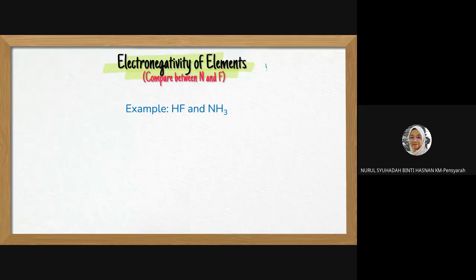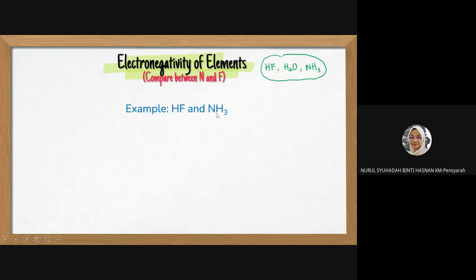We're going to compare between HF molecule, H2O, and also NH3. Selalunya tiga ni kalau kita nak compare between hydrogen bond sahaja. Jadi for the comparison, setiap satu faktor tadi ada dua molekul yang kita akan compare. So electronegativity usually kita akan compare between HF dengan NH3.